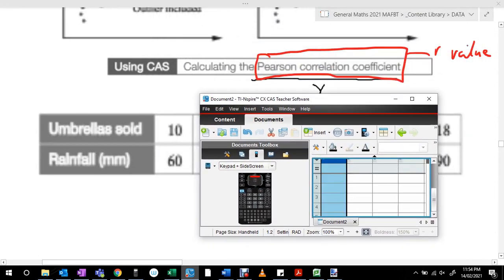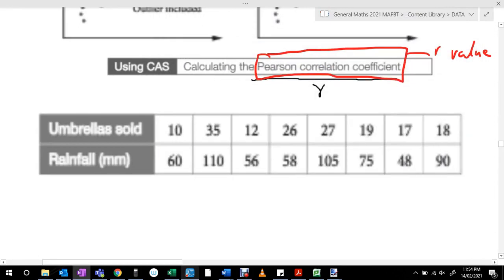Actually, even before that, let's look at our two variables here. Let's understand the scenario and what the EV and RV might be. So what's the explanatory variable and the response variable? I can see here, umbrellas sold and rainfall. Which one is X and Y, or which one is EV and RV? Does the umbrellas sold determine the amount of rain, or does the amount of rain determine the amount of umbrellas sold?